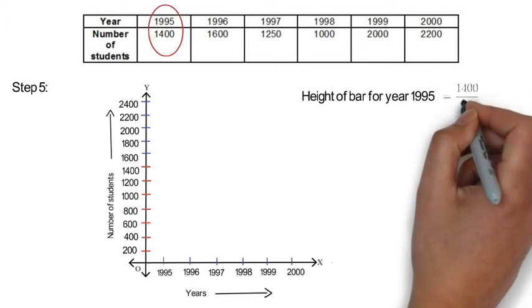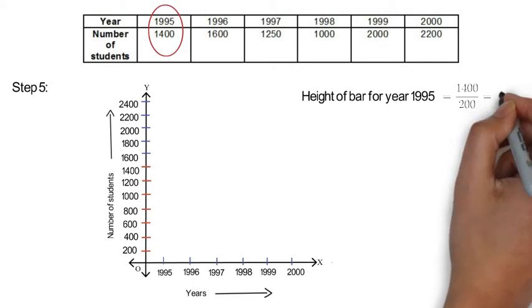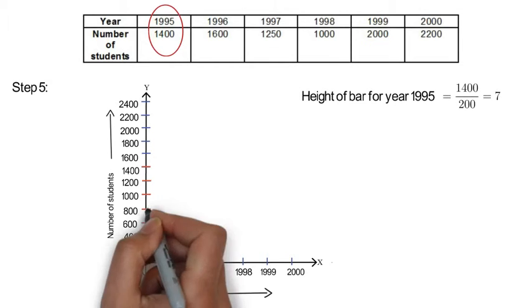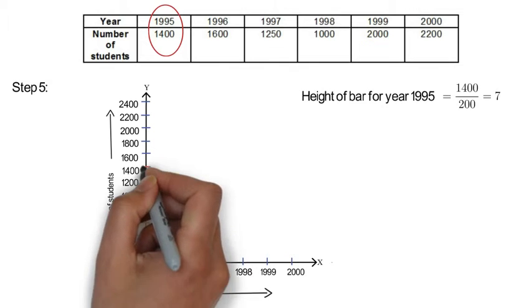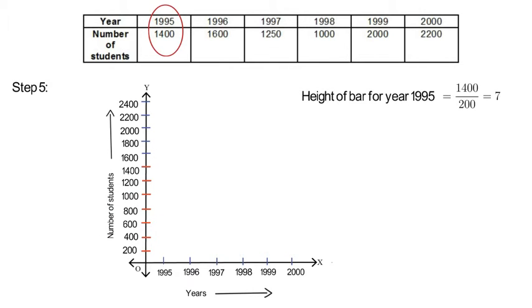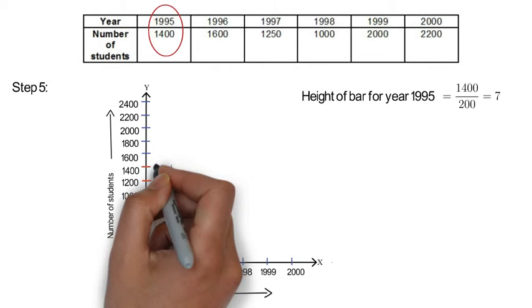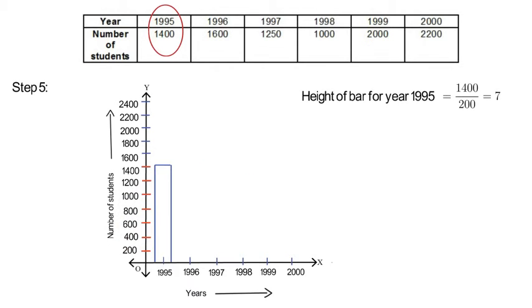So to represent 1400, we divide 1400 by 200, which gives us 7 big divisions. So if I calculate 7 big divisions and draw a bar over there, I will have this bar.